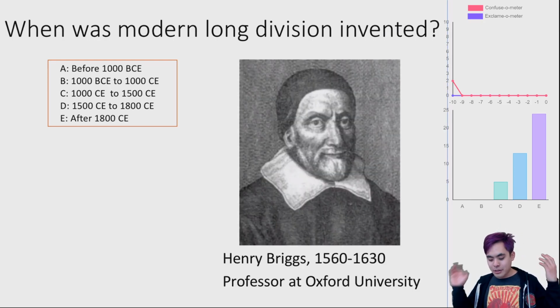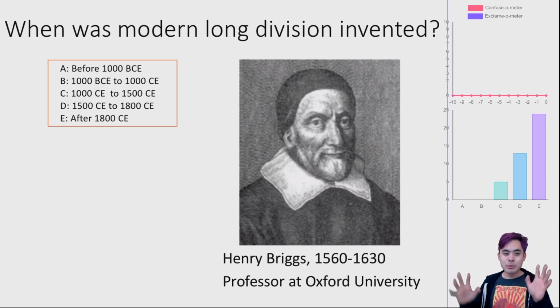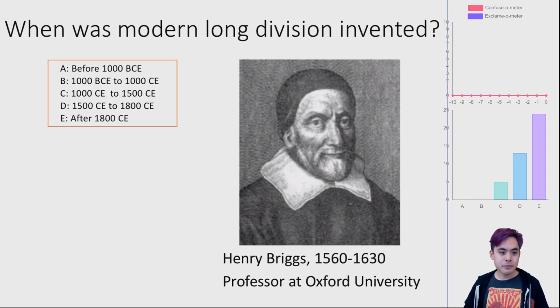Well, it turns out that modern long division was invented by Henry Briggs, who lived between 1560 and 1630. He was a professor at Oxford as well as at other universities, and he invented the modern formulation of long division.